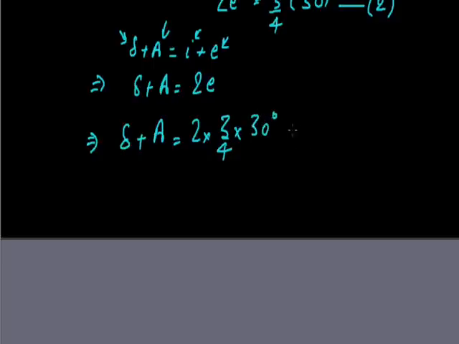If we solve this value, 2 into 3/4 into 30 degrees, it is equivalent to 1.5 into 30 degrees.